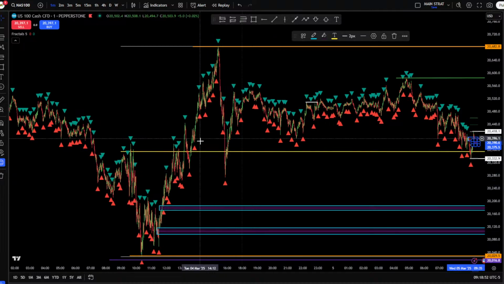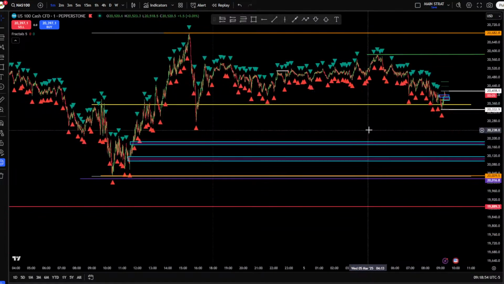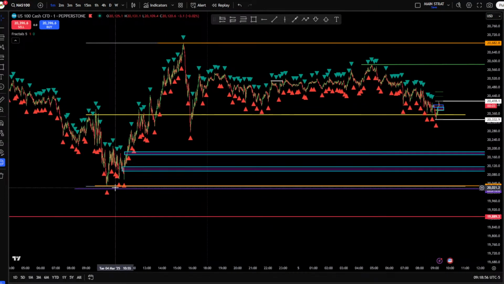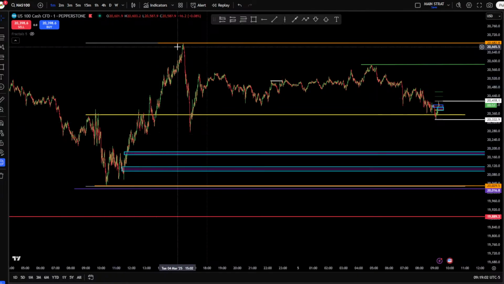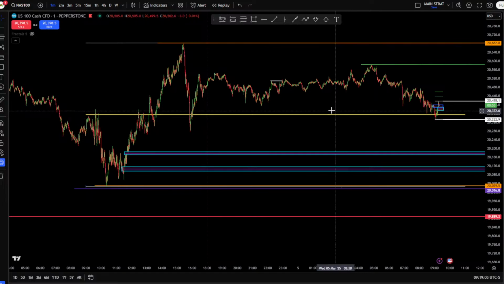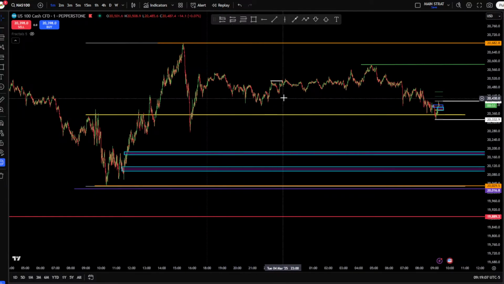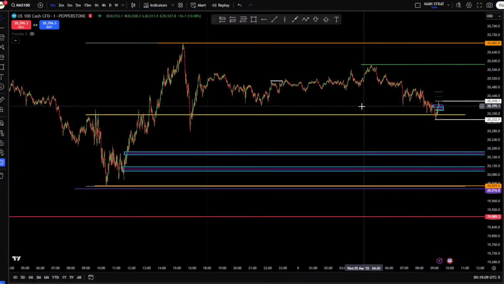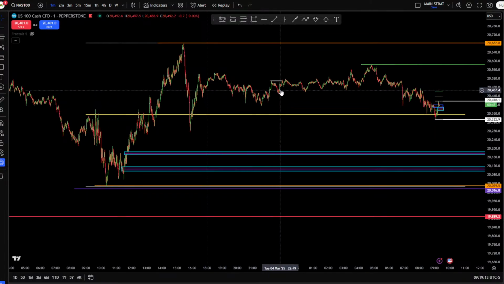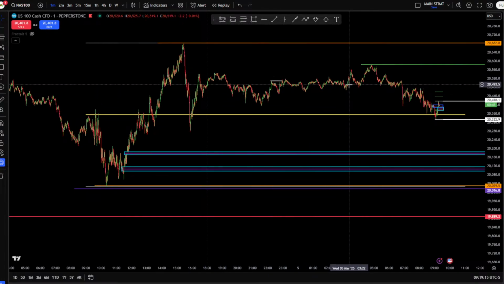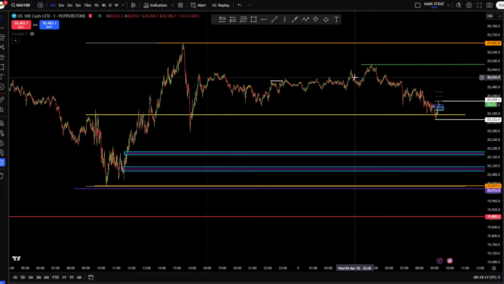So if we look at this range here, from this low to this high, that's what we're trading in. Anything that you take short here is going to be a higher probability trade, like all through down here. This was just consolidation, going back and forth.